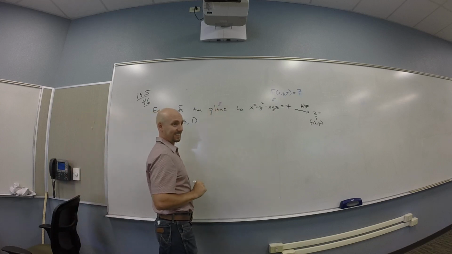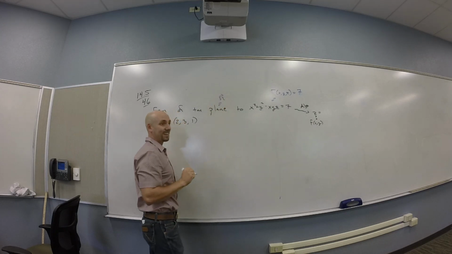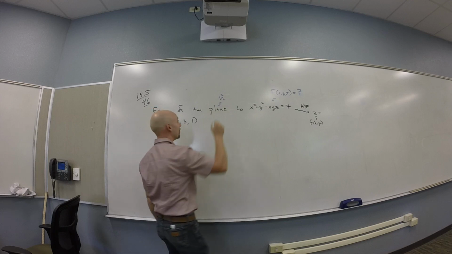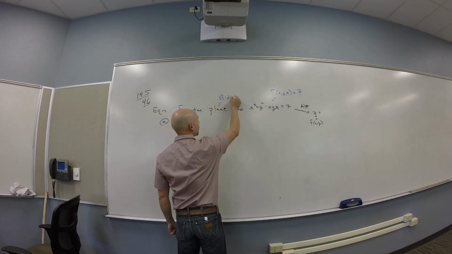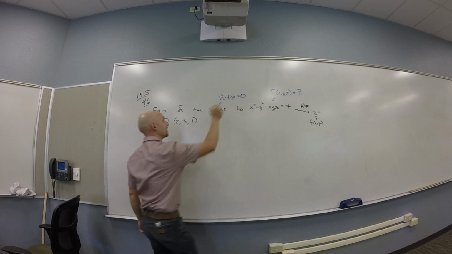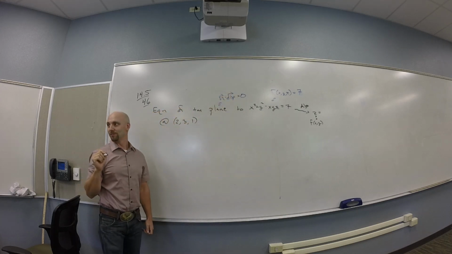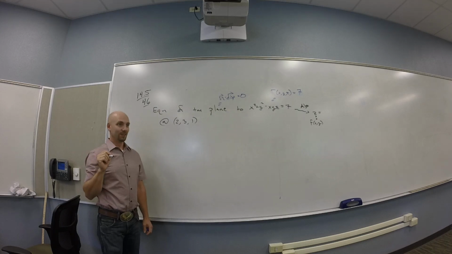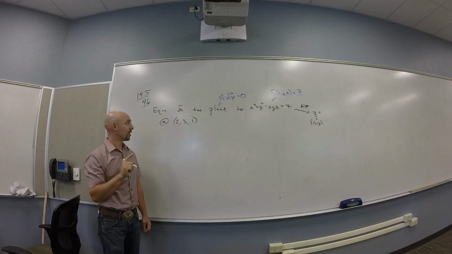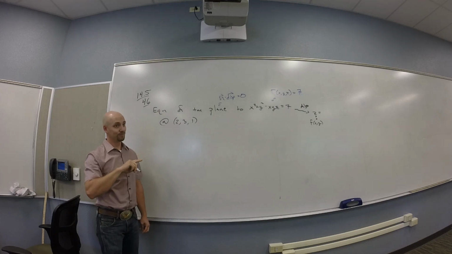Planes have equations that involve normal vectors, right? You take a normal vector dotted with some displacement vector and you get 0. That's a way to write the equation of a plane. Okay, so if I could conjure up a normal vector, I could write this equation, maybe.